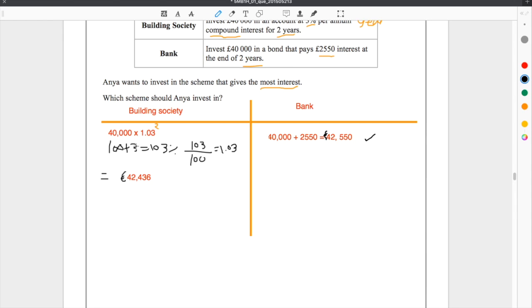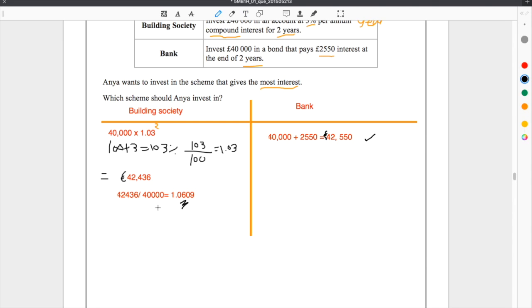To find the percentage increase, we simply do the amount we have at the end of the 2 years, and we divide that by the amount we initially invested. Type that into the calculator, and that gives us 1.0609. So that's the rate of increase.